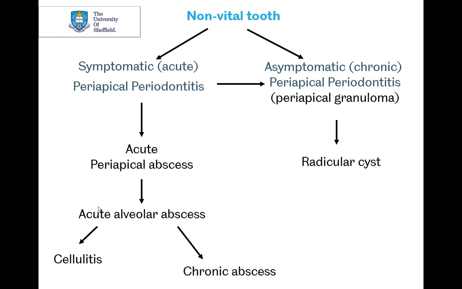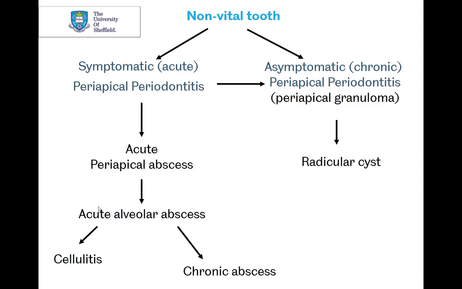So what is the natural history of this? Well, it can be quite complex. At its most basic, we have symptomatic or acute periapical periodontitis and asymptomatic or chronic periapical periodontitis.